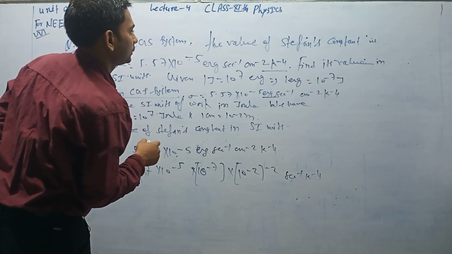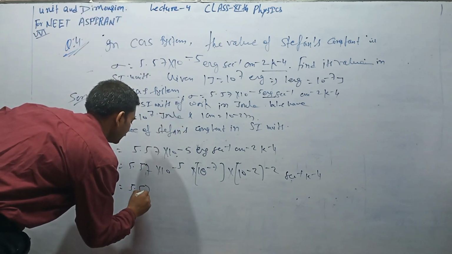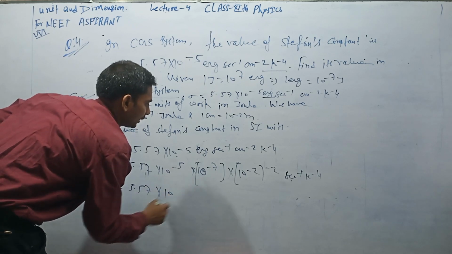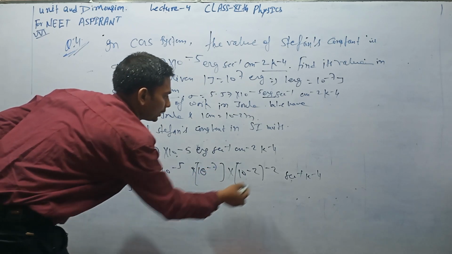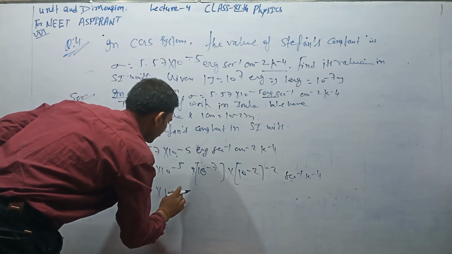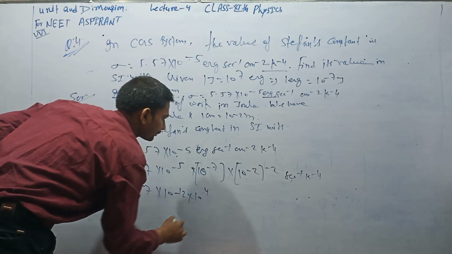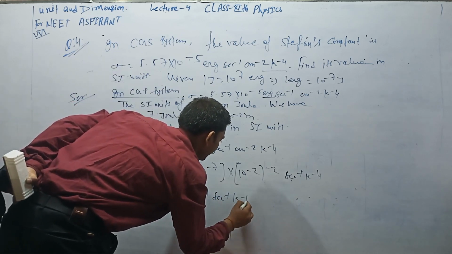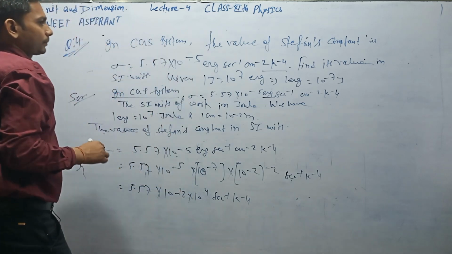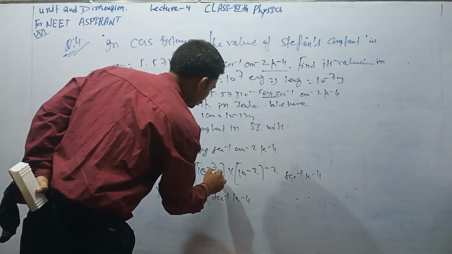Erg only, 5.57 10 to the power minus 7 minus 5 minus 4 into 10 to the power 4, second inverse Kelvin to the power minus 4 and joule.